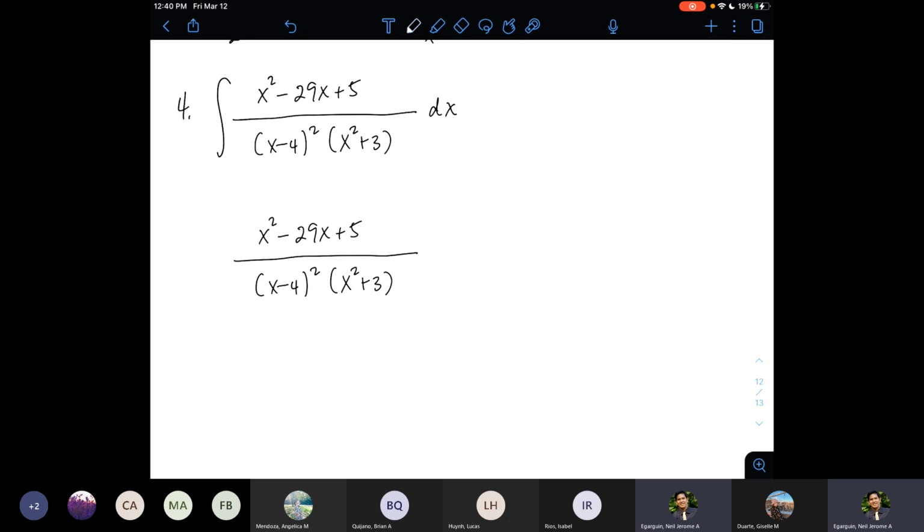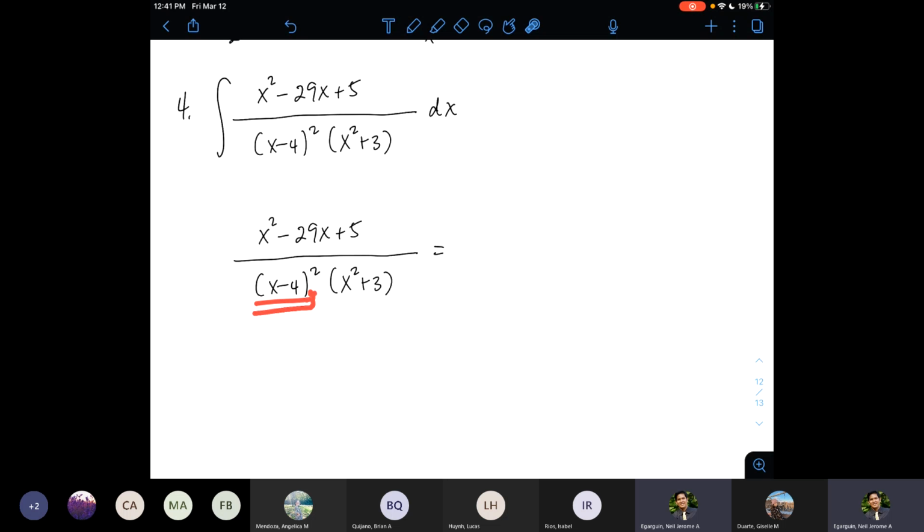But anyway, let's do the decomposition first. Okay. Now, let's look at the factors. The denominator is already factored, so let's analyze them. So here we have x minus 4 quantity squared. It is quadratic, but you should think of it as a repeated linear factor. It's just x minus 4 being twice a factor of the denominator.